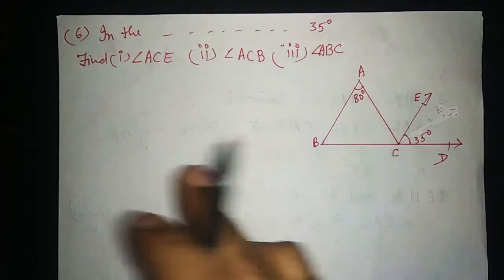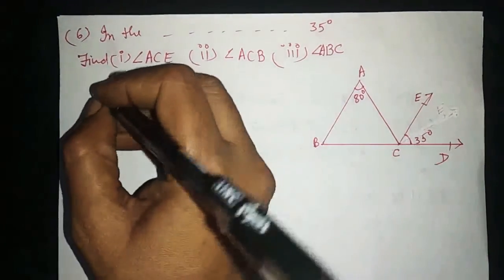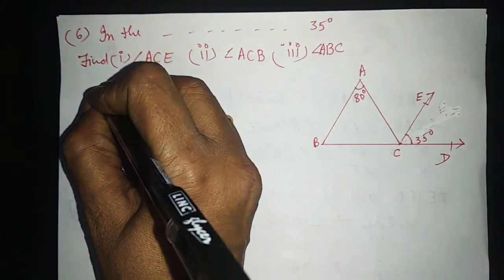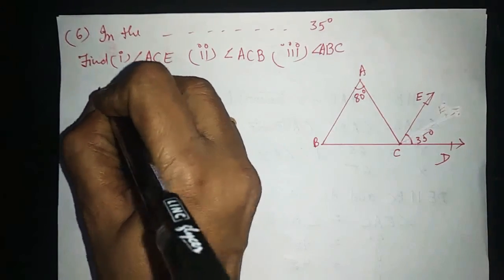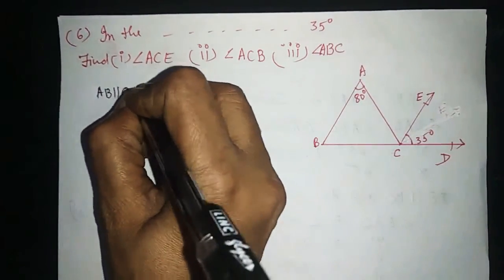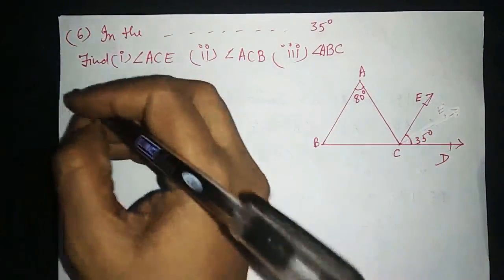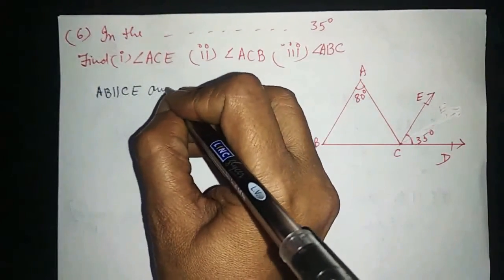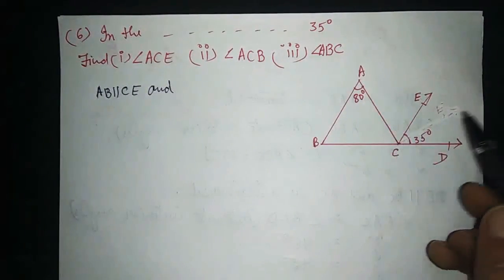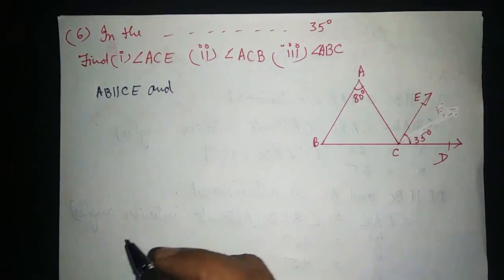So here we will write, AB is parallel to CE and AC is a transversal.